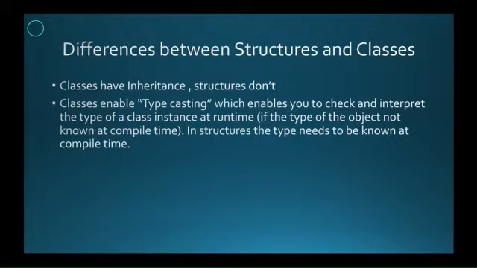Only classes allow you to do this. It's called typecasting. But if you're using a structure, you need to be sure of the type of the object at compile time. You cannot defer finding out what the type is going to be at runtime. Structures don't allow you to do that, but classes do. So that's another advantage of classes.